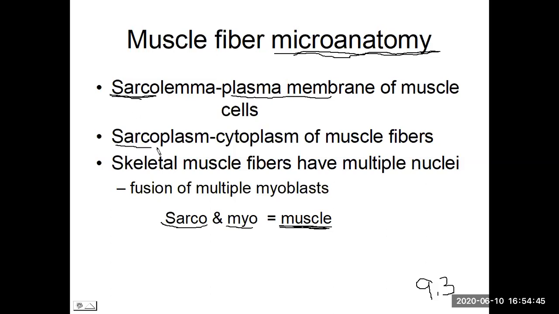There's the sarcoplasm, simply meaning the interior space of a muscle cell. All of the area inside of the sarcolemma is the sarcoplasm. And when it comes to skeletal muscle in particular, they are these long cylindrical cells. So we can interchange the word fiber or cell when it comes to muscle tissue.